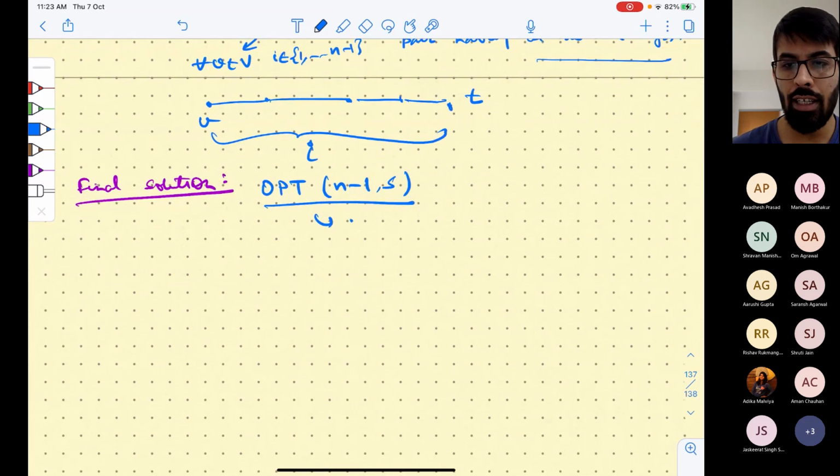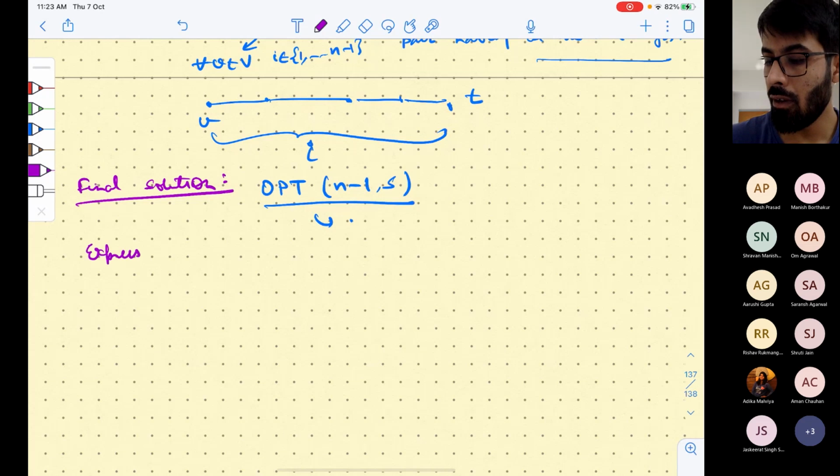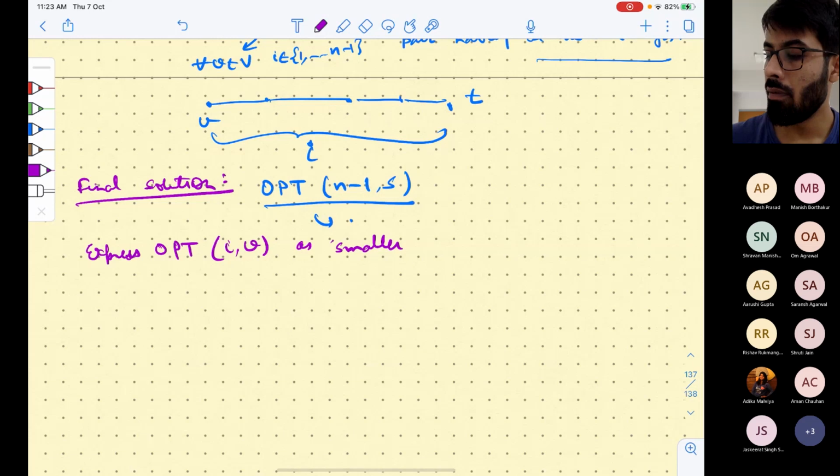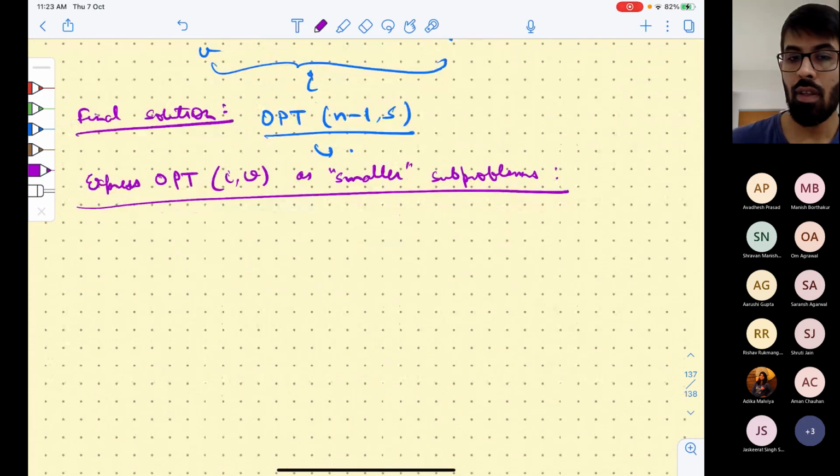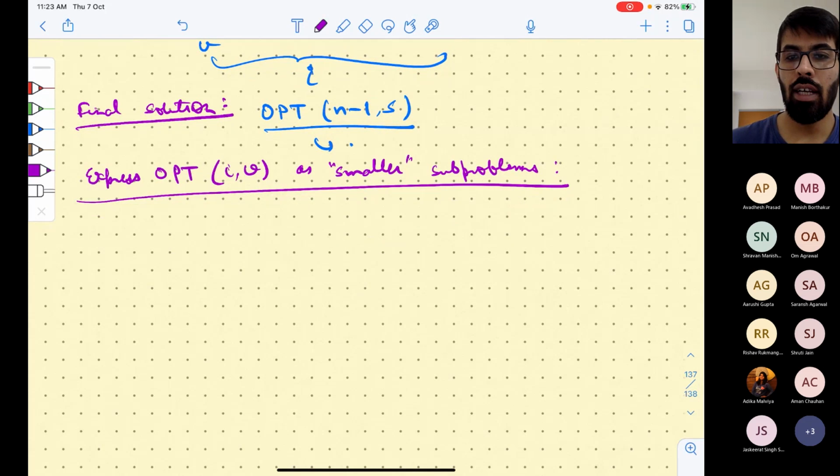Any questions till now? Okay, if not, then let's try to express opt of i comma v as smaller subproblems. Like in the segmented least squares problem, we had many choices to choose from.